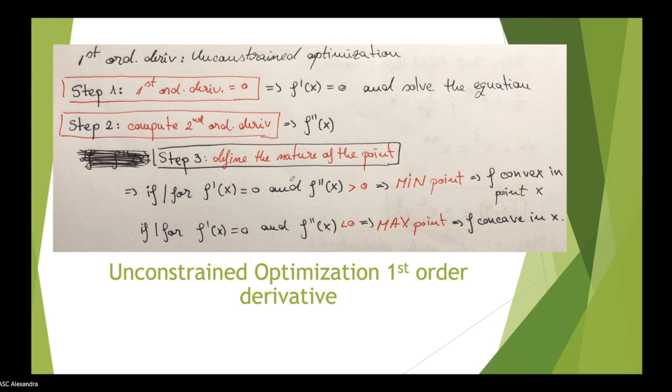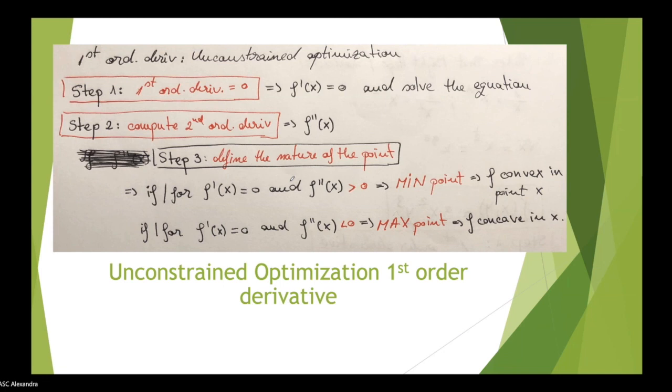So about the unconstrained optimization. For the first order derivative, it's pretty easy. The golden rule that you have to know is you always equal the first order derivative to 0. Whether you get an equation or not, you always do the first order derivative equal to 0.